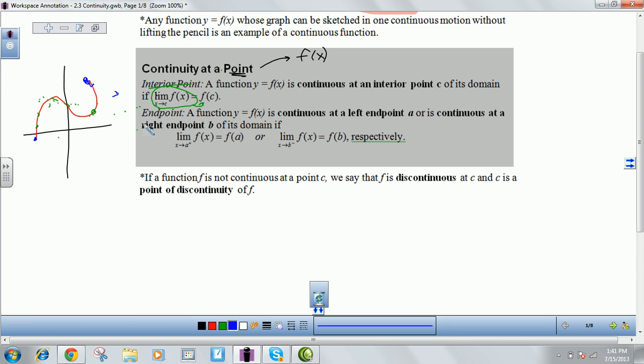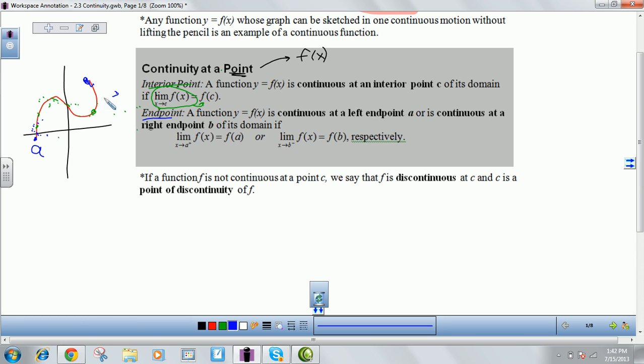With an endpoint, the function is continuous at a left endpoint, let's say this is a, if and only if the limit as x approaches a from the right, its one-sided limit, is equal to its y value. And for the right endpoint, the limit as x approaches b from the left is equal to the y value at that point.